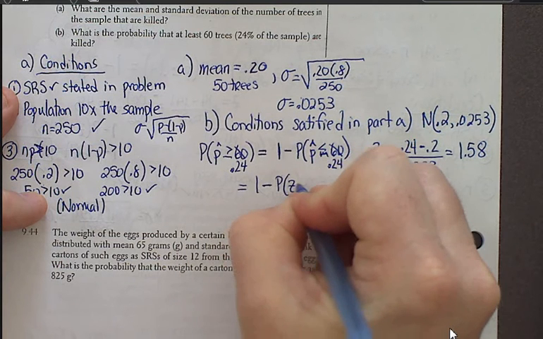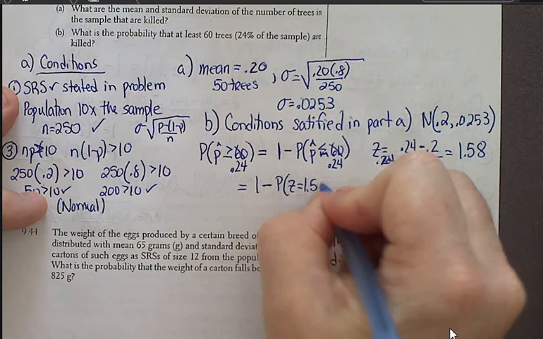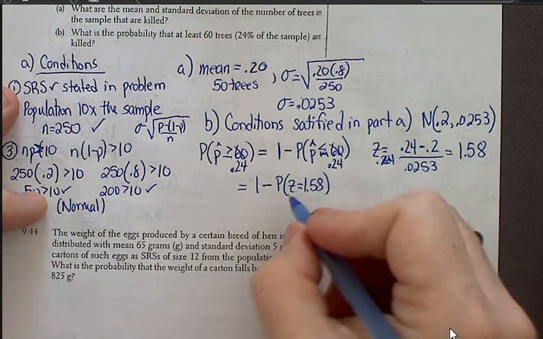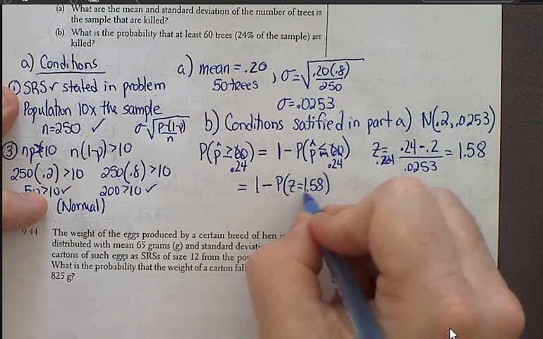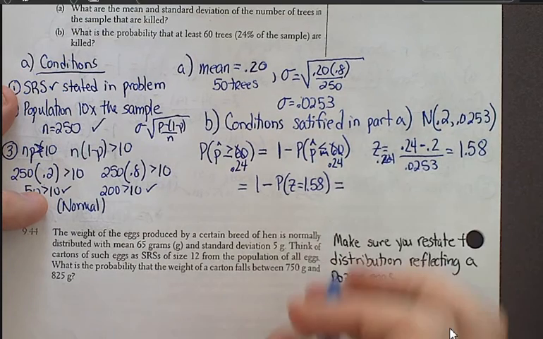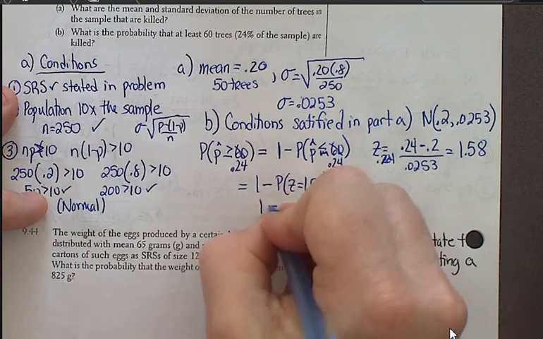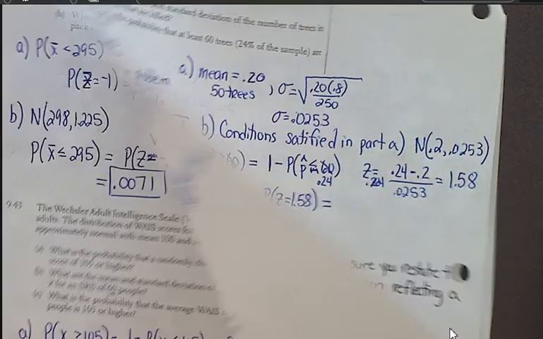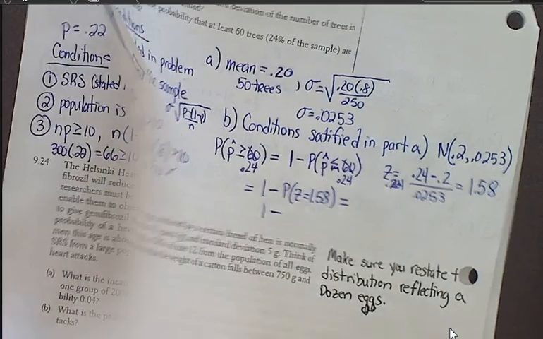So now to finish this, it's going to be 1 minus the probability that z is less than 1.58, and it's fine to do that. Now we look it up in our tables. Here's our table.